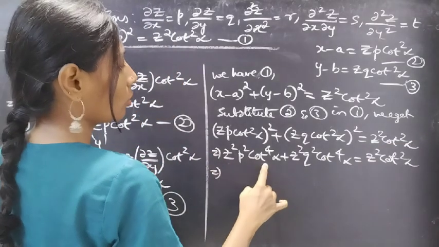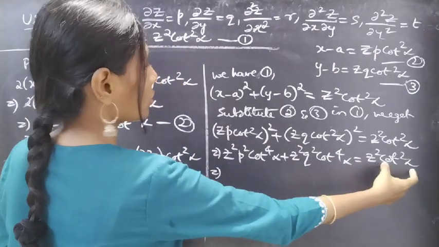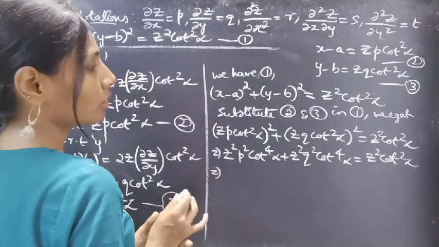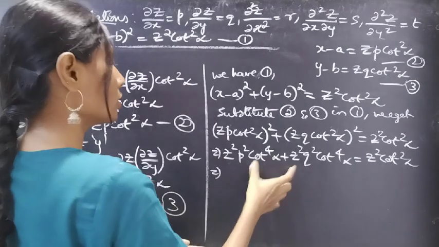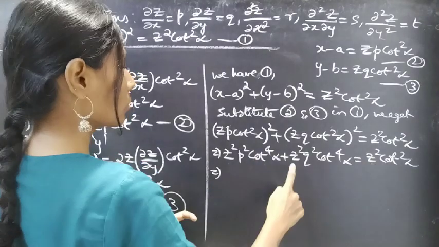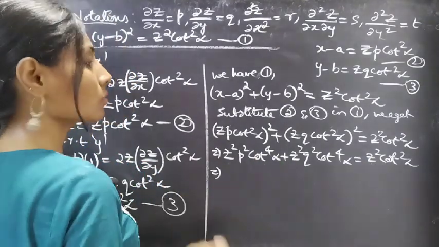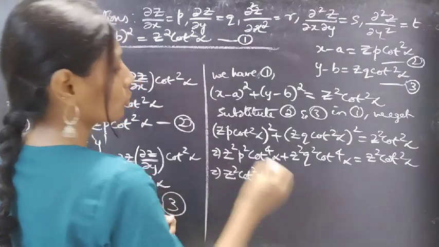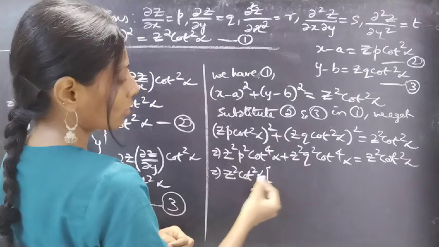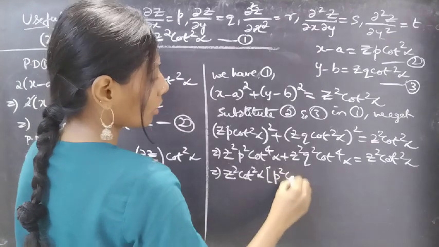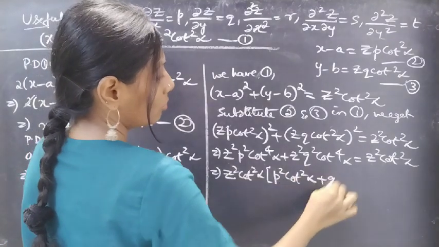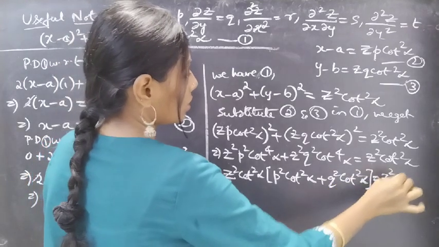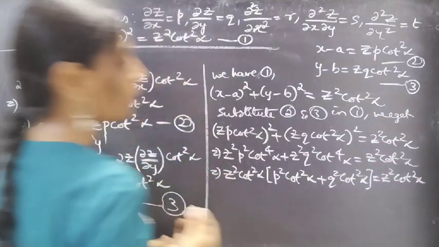Now let's take z square cot square alpha common. See, you're having cot square alpha in the RHS and here you're having cot power 4 alpha. So we can take cot square alpha common from these two terms, and here you're having z square. In these two terms also you're having z square. So let's take z square cot square alpha common from the two terms of LHS. Then you'll get z square cot square alpha into (p square cot square alpha plus q square cot square alpha) equal to z square cot square alpha.